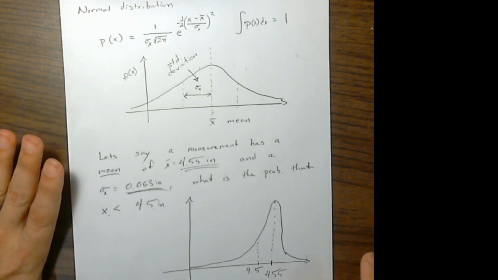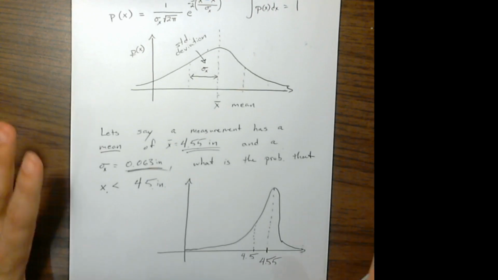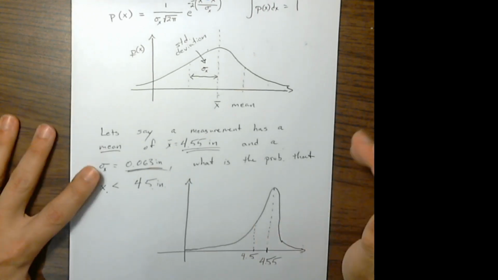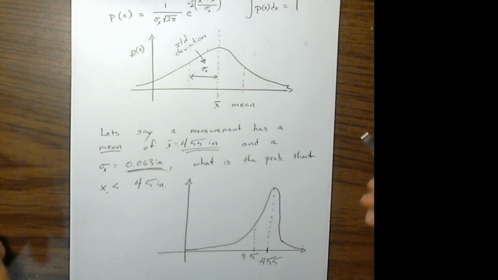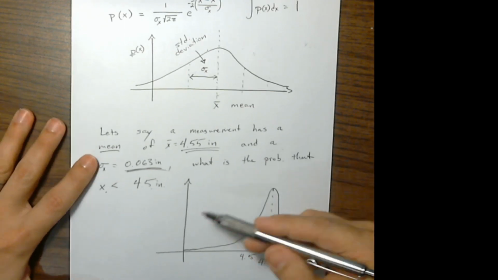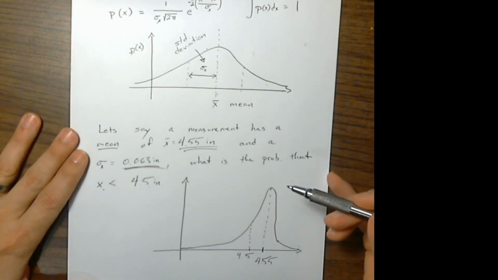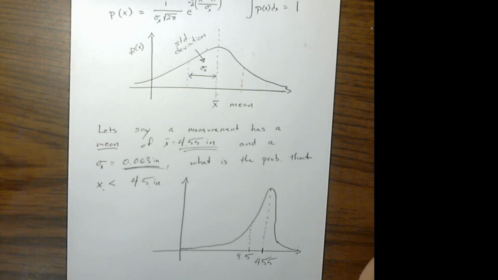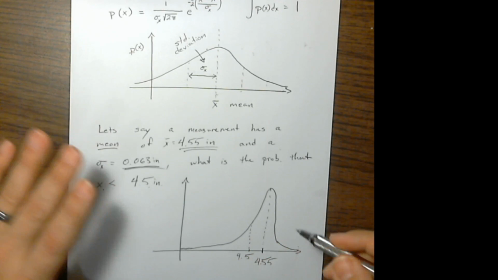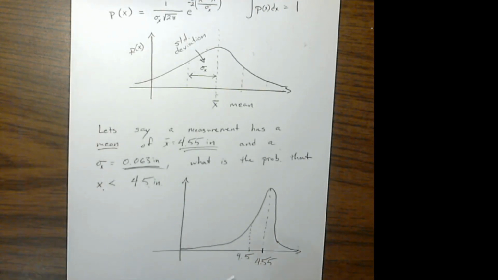Now notice I haven't said anything about actual values. I haven't said anything about error. I've just said that, hey, if I take a huge population of measurements, having told you nothing about what they are or what they mean, they tend to come back with a probability distribution that looks like this.